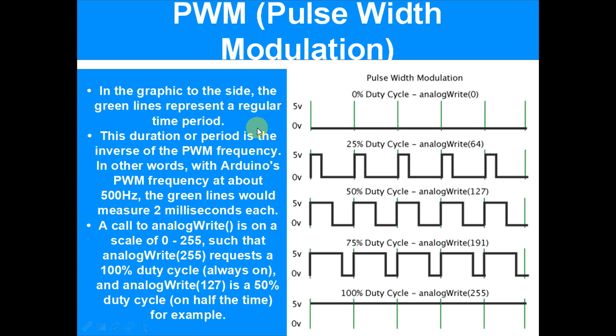In other words, with Arduino the pulse width modulation frequency is about 500 Hz, so the green lines would measure about 2 milliseconds each. A call to analogWrite is on a scale of 0 to 255, such that analogWrite 255 requests a 100% duty cycle, always on, and analogWrite 127 is a 50% duty cycle, on half the time, for example. So you should kind of understand what pulse width modulation is now.